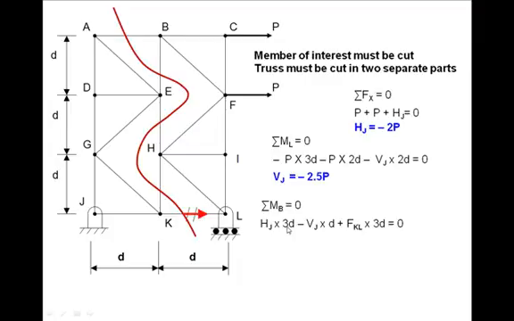It will be Hj into 3D minus Vj into D plus Fkl into 3D, Fkl into this 3D. Put the values and here you get your Fkl, which comes to 1.167 P, and it comes positive, so it is tension.